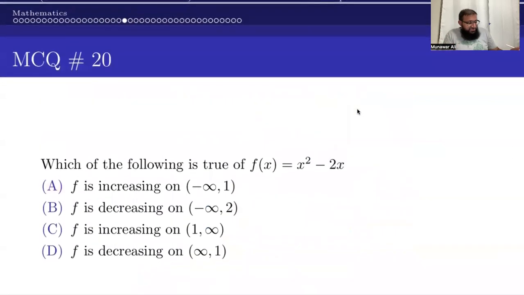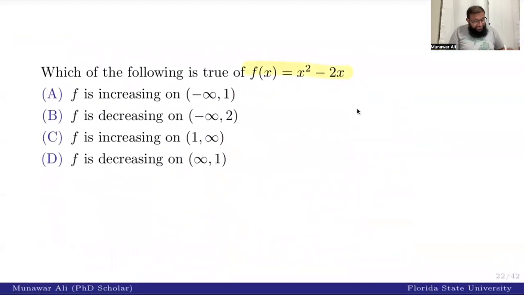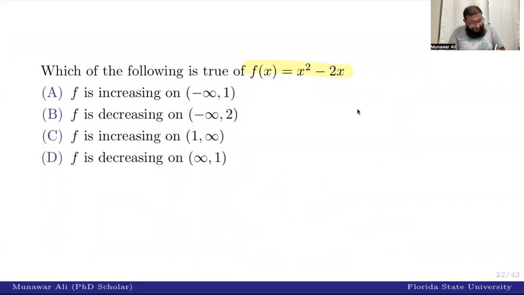I'm going to discuss MCQ number 20, which is again a really simple MCQ and not that technical. So I have a function. Let me tell you how the graph of the function looks. First of all, what are the zeros of the function?